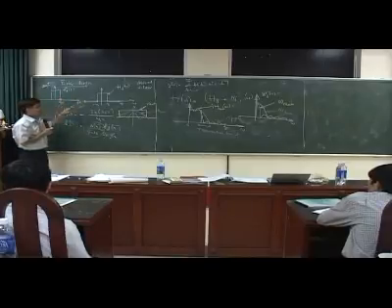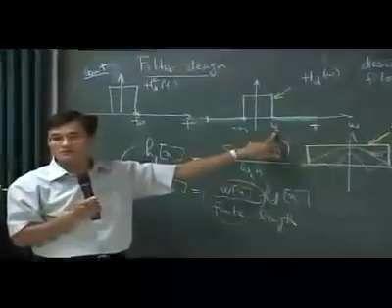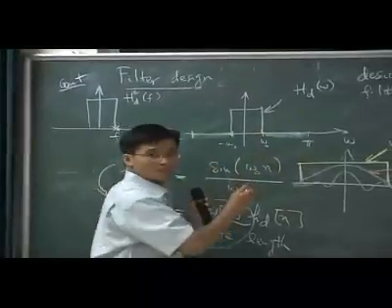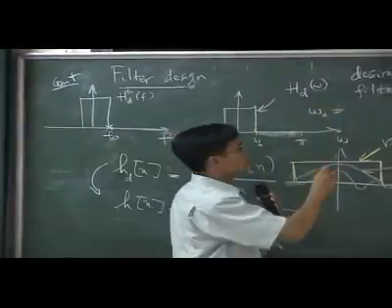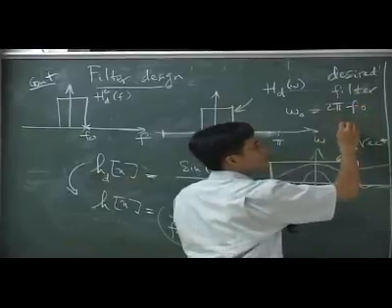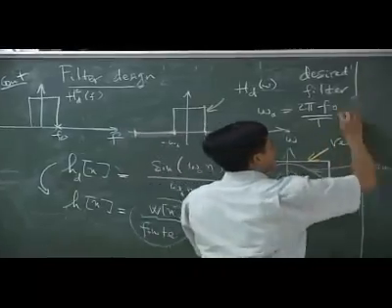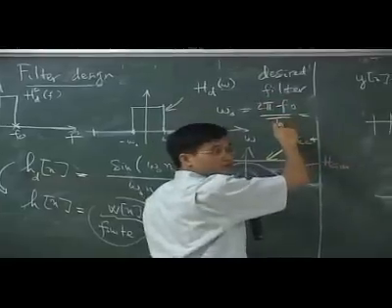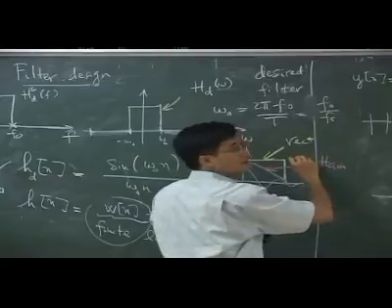How can I map from this F naught to the omega naught? Exactly. Omega naught equals 2 pi F naught over the sampling frequency, where 2 pi over T is really the sampling frequency. So equal to F naught over the sampling frequency.